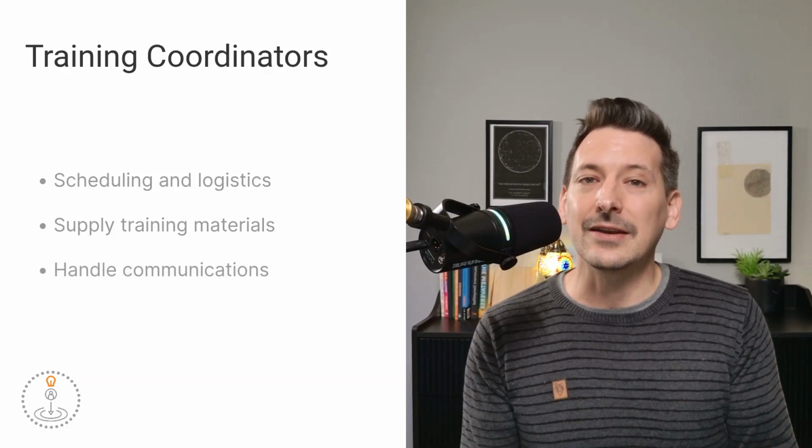They also handle most of the communications like email and messages to both trainers and participants. These communications will provide session details, reminders, pre-work assignments, among a myriad of other things. In general, they make sure training runs smoothly and are the go-to person for scheduling and logistics.